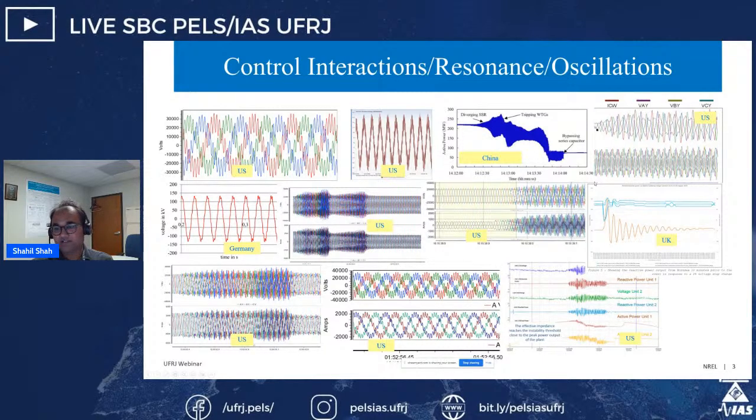Then on the top right, there's a subsynchronous resonance or oscillations in a wind power plant in the US. In China, there have been several such oscillation events which have resulted in bulk grid stability issues, because of these oscillations you lose a large amount of generation from renewables as well as sometimes conventional generation.